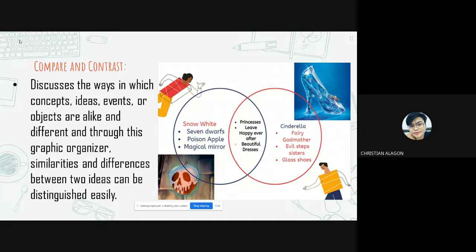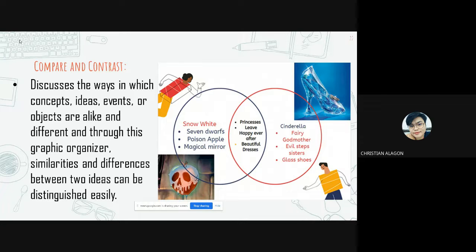So the differences are that Snow White has seven dwarfs and Cinderella has a fairy godmother, and their similarities are they are both princesses, live happily ever after, and they both have beautiful dresses. So that is compare and contrast.